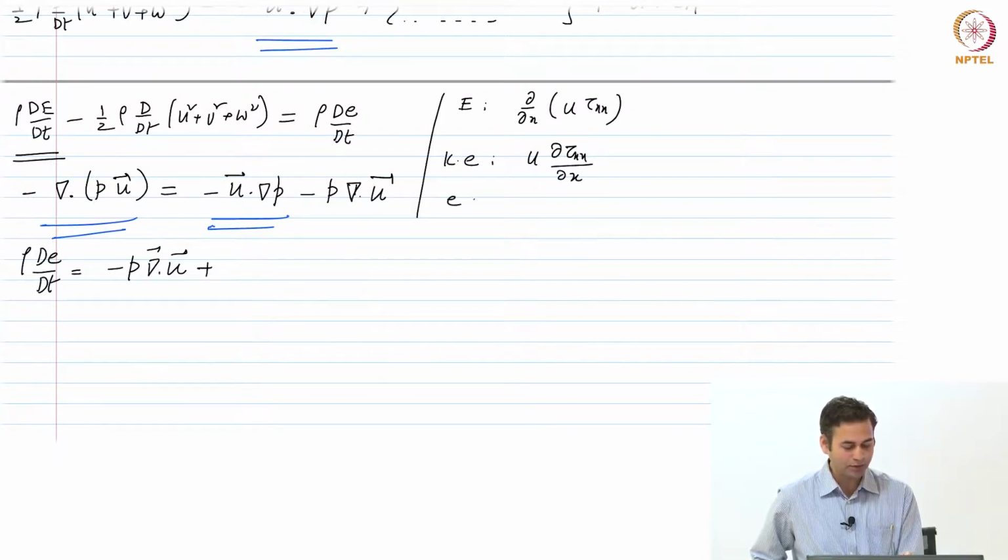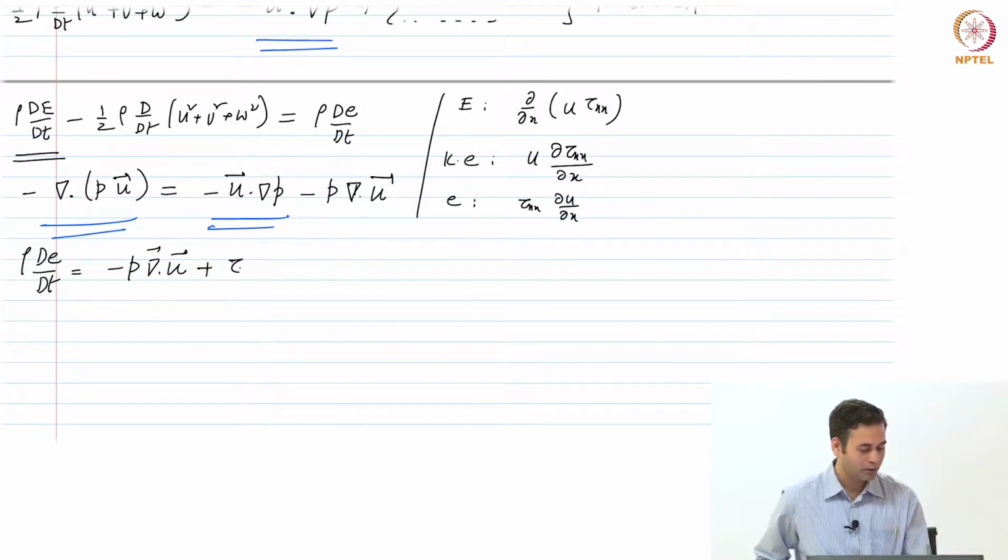So, in the equation for little e, we will have only a term that is tau xx times partial u partial x, and so on, okay. So, this will be tau xx partial u partial x plus tau yx partial u partial y plus tau zx partial u partial z, okay, plus we will have what?